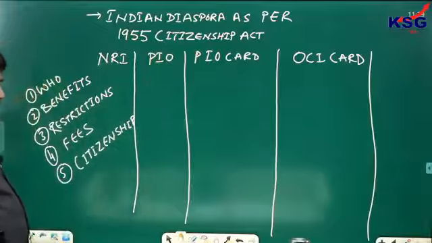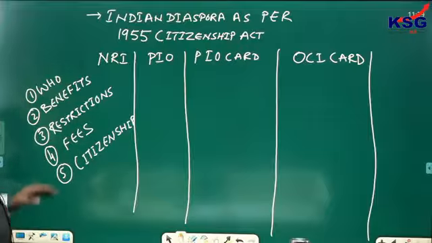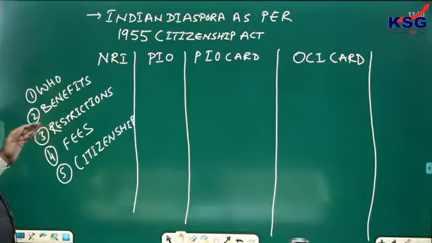Now what we'll be doing is, we'll be discussing this under these 5 heads, that who is NRI, PIO card holder, OCI card holder. Then what all benefits they get, what all restrictions can be imposed on them, how much fees they have to pay, and how citizenship can be acquired by them. Right.